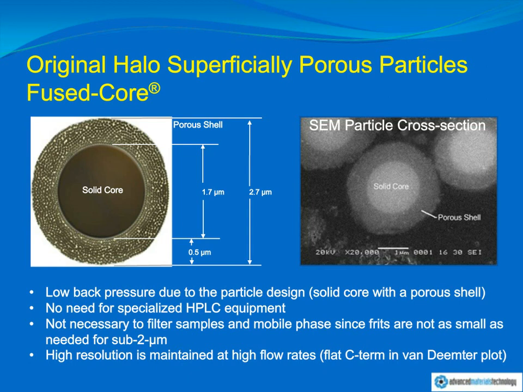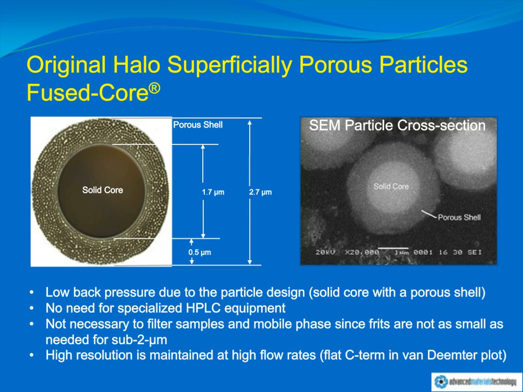A lot of this work was driven off initial rapid success and acceptance of high-performance superficially porous particulate column packing materials, which in our case are known by the trade name HALO fused core materials. There are a number of other trade names that have entered the commercial marketplace in the 8 years since we initially commercially introduced such materials.